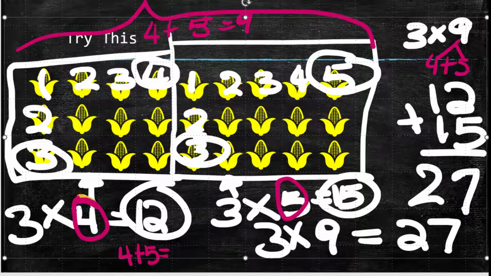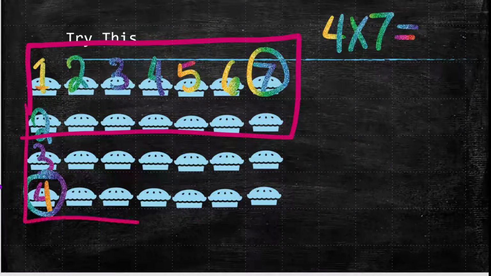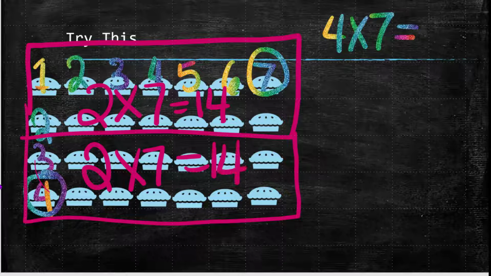Oops, went too far back. Split my array apart like so. Okay, now that I split my array apart, what are my factors on each side? Well, on this side, my factors are 2 times 7, which is 14. Also on this side of my array, my factors are 2 times 7, which is also 14.